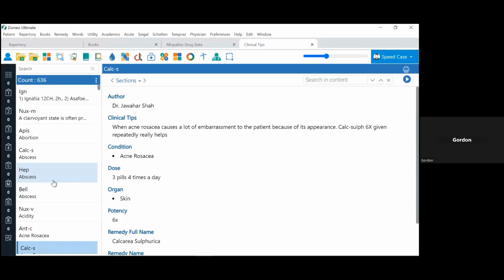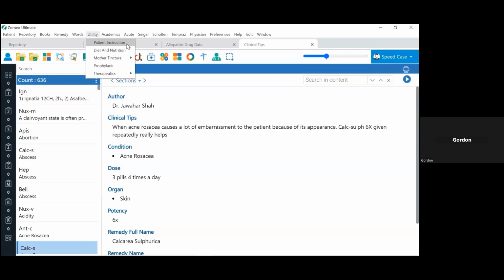All of this is extremely verified clinical data after a lot of research by the authors who have given us these clinical tips. We also have a section called patient instruction and diet and nutrition.